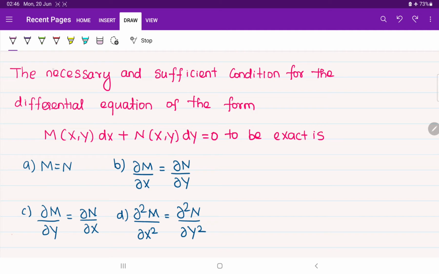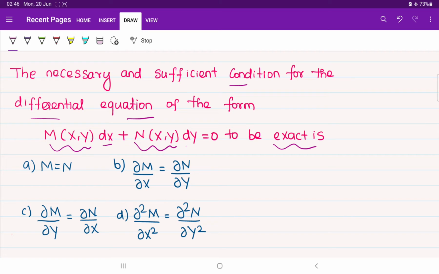The necessary and sufficient condition for the differential equation of the form M(x, y) dx plus N(x, y) dy equal to 0 to be exact is... What is the condition here?